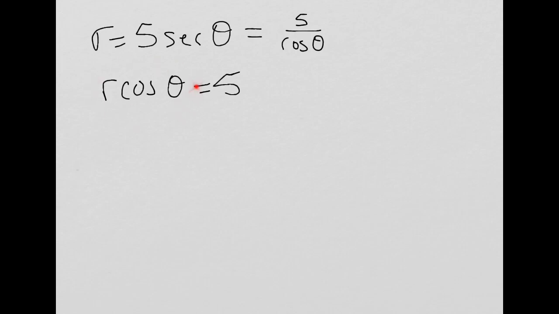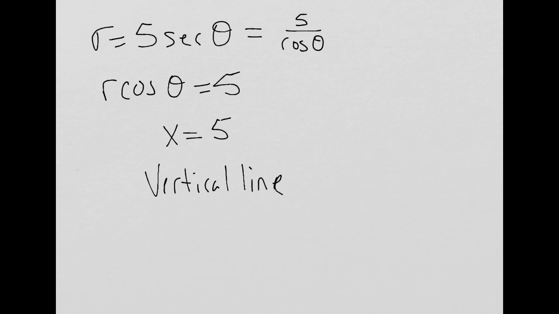Well, r cosine theta is something that I know, right? That can be converted into just x. This converts into x equals 5. And that's a graph we actually know. That's just a vertical line. So it's kind of interesting. That's what a vertical line looks like in polar coordinates.